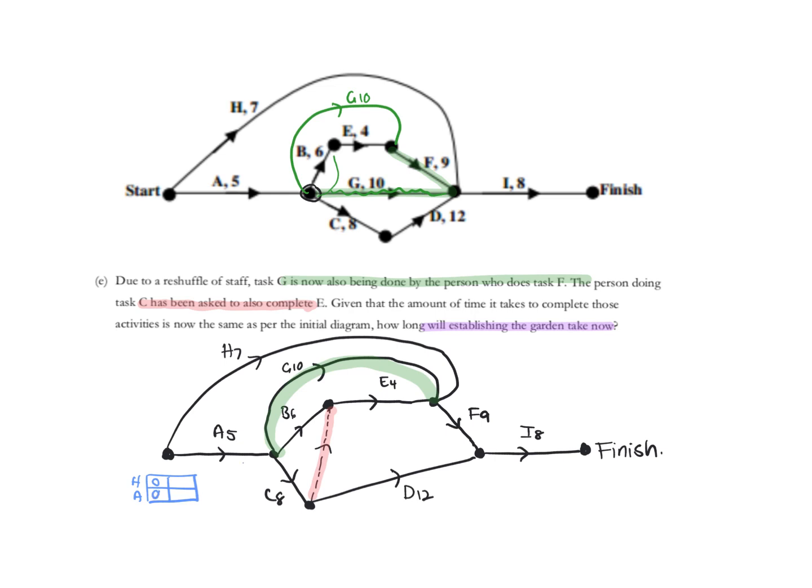And then when we get to here, I'm going to put C and E, and up here I'll have B. So they all have to wait for A to finish, which is 5. Okay, and then we keep moving on. We've also got G here, and G has to wait for 5.